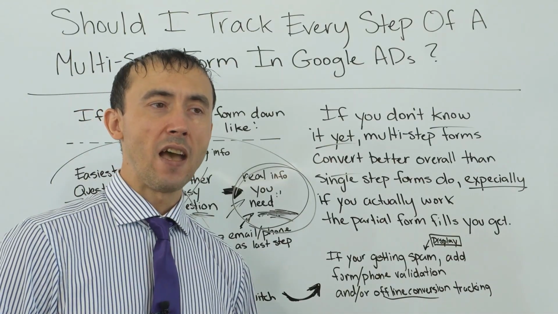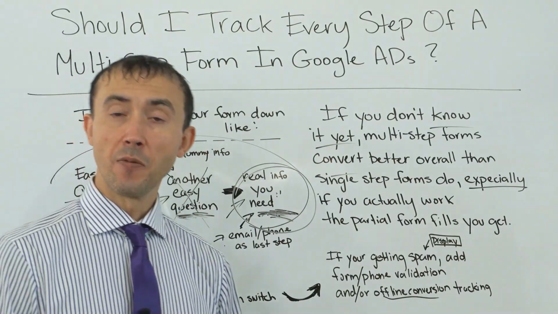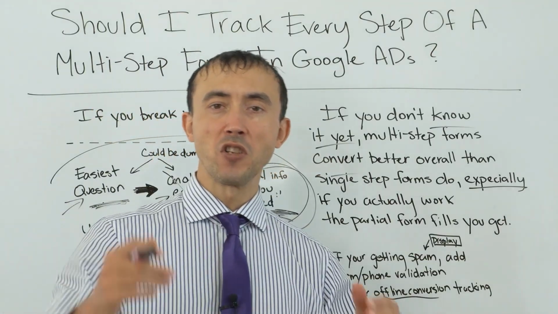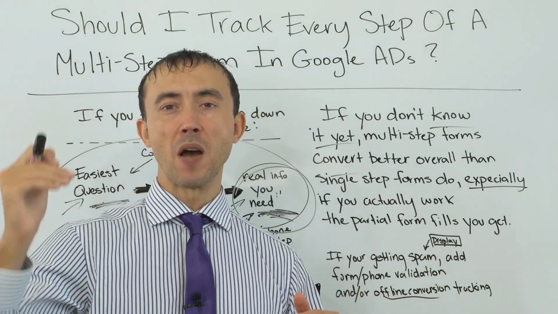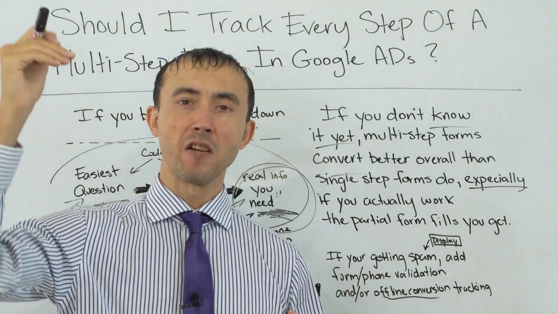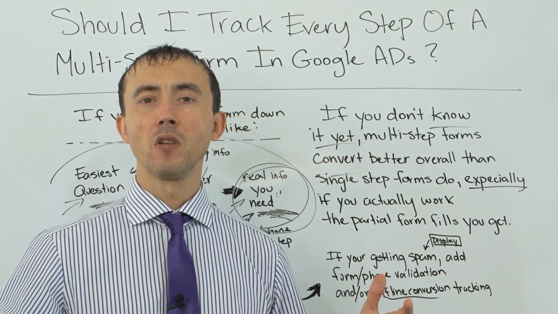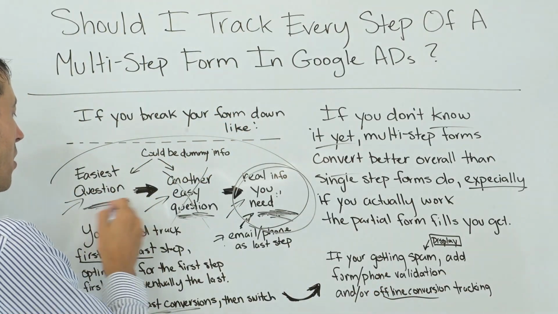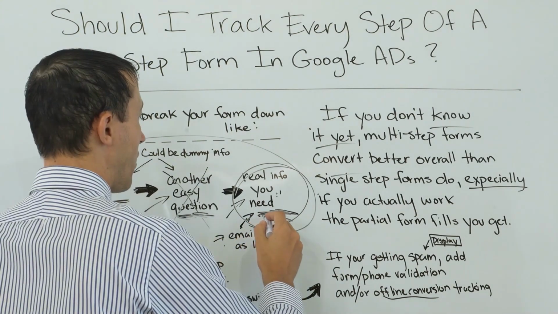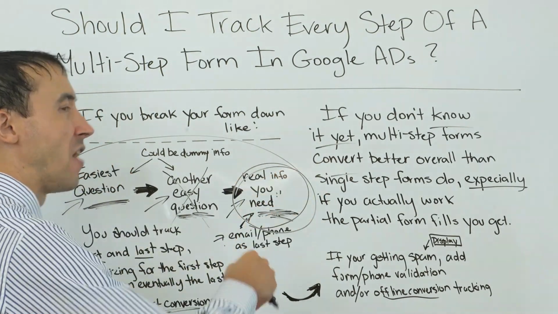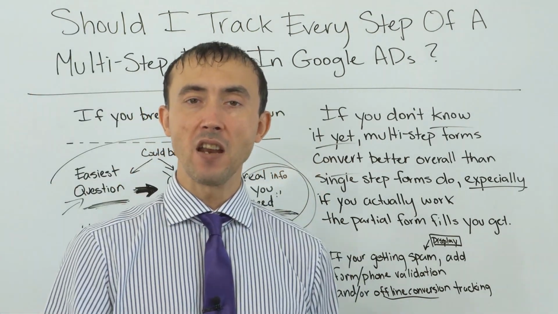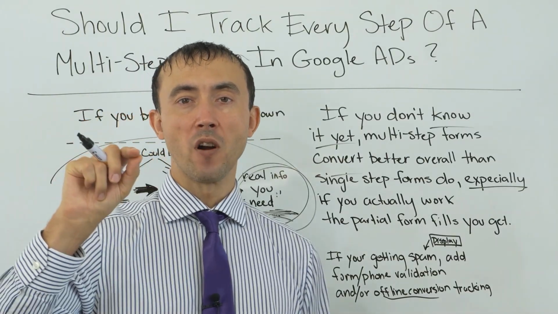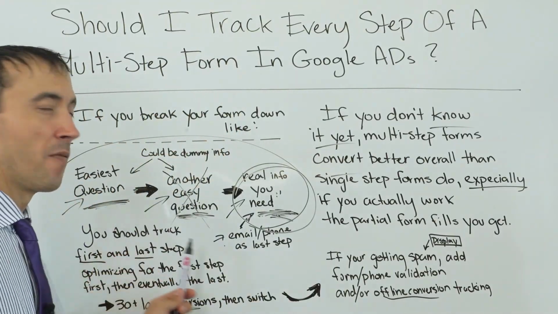Which, by the way, if you have different campaigns that are at different stages, instead of just switching a goal in the conversion menu from primary to secondary and then another one from secondary to primary, your other option is to have the goal that tracks the first part of the form primary and the goal that tracks the last step primary, and then on each campaign in the goal settings, you could switch that campaign to optimize for the first step and then eventually the last step.